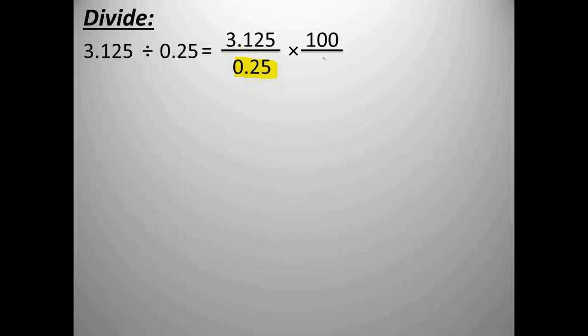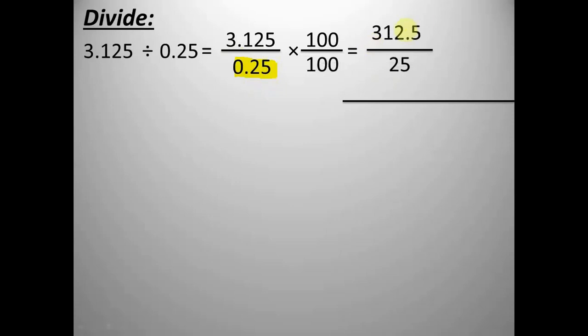In the numerator and also the denominator. The multiplication equals 312.5 in the numerator and 25 in the denominator. To carry out this division, we must use long division.